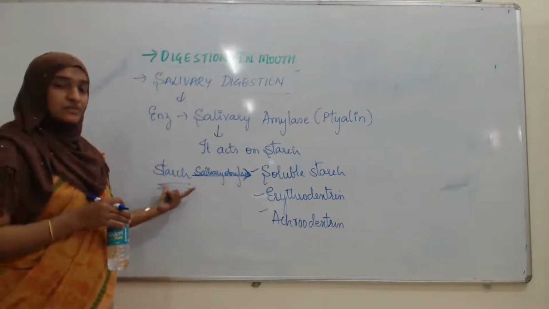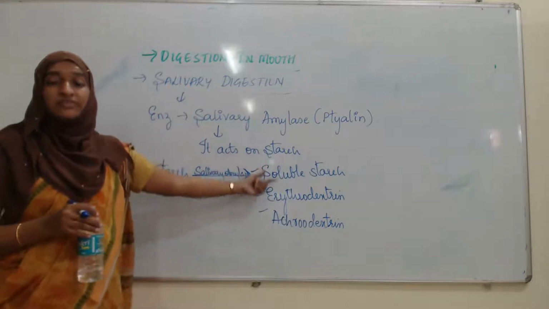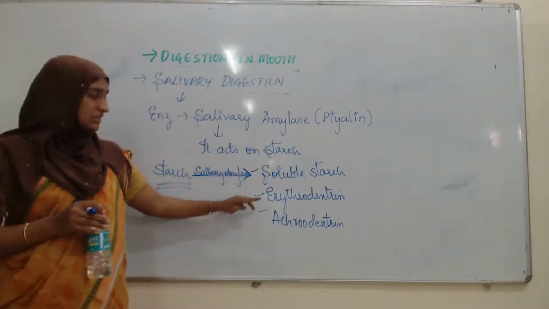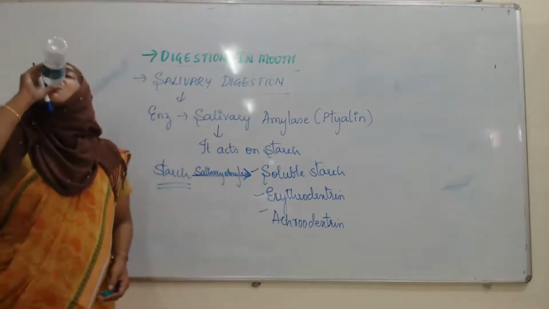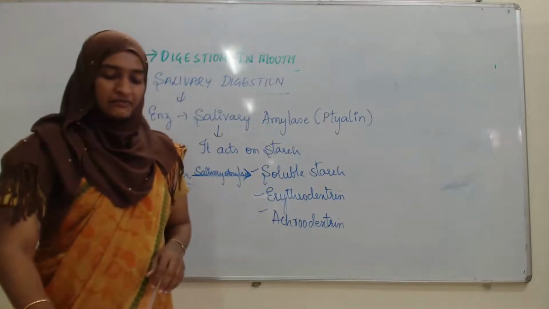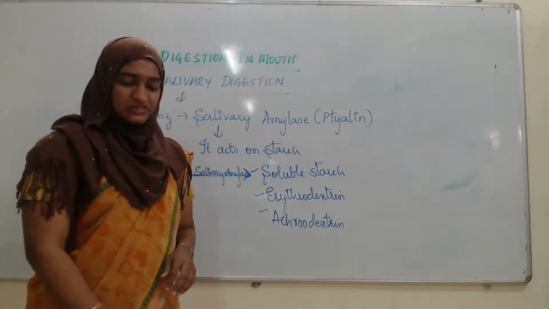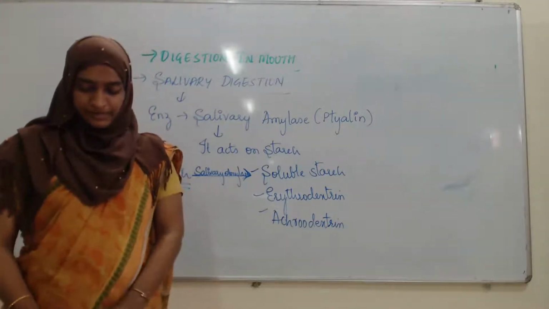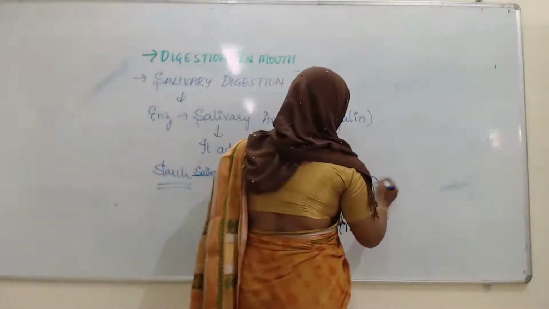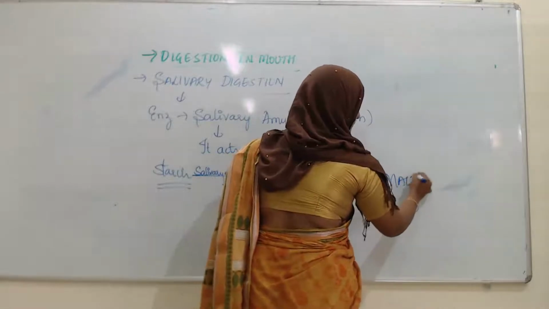Here the starch will break down into some simpler forms, not completely: soluble starch, erythrodextrin and acrodextrin. And finally these substances will convert into the maltose.